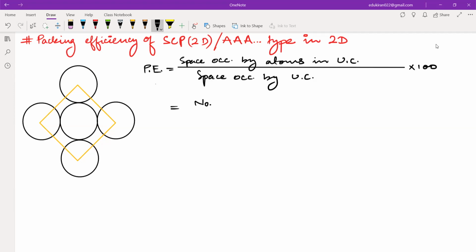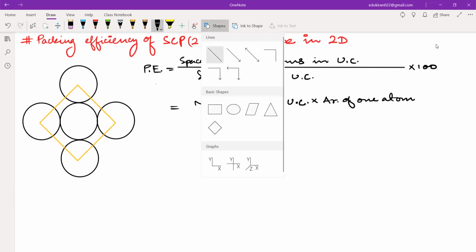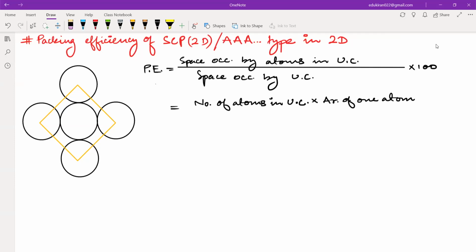Number of atoms that make the unit cell is a different thing, but the number of atoms inside the unit cell is another thing. Please listen, don't write anything. If I get the number of atoms in the unit cell, I will multiply it by the area of one atom, because space in 2D will be area. That gives the space occupied by atoms in the unit cell.